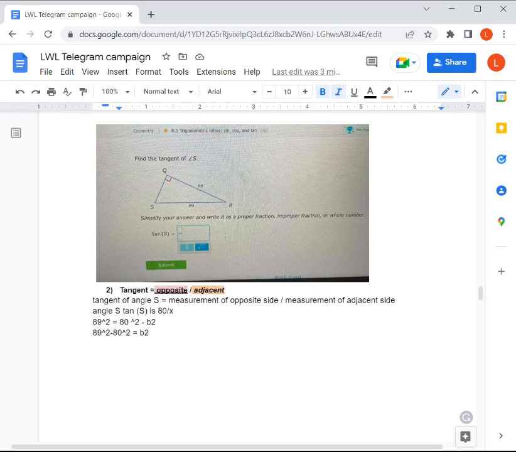But until you understand each step of finding out if it's true or false, you want to have some help. If you work with us, we have cheat sheets that let you know that tangent means we're looking for the measurement of the opposite side over the measurement of the adjacent side.